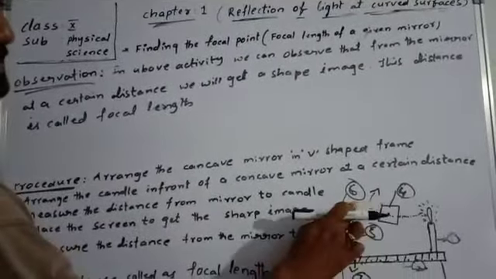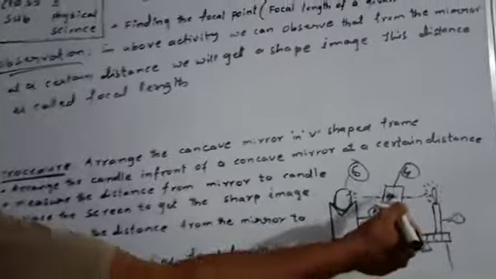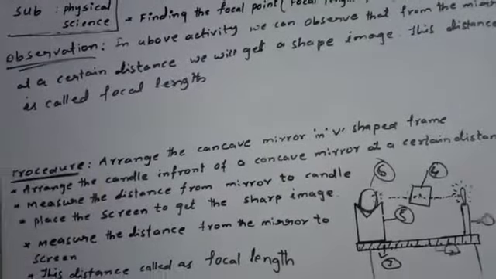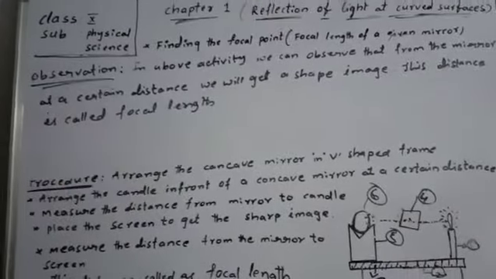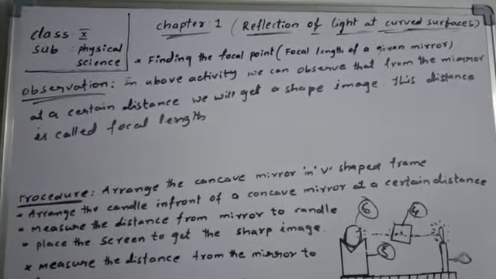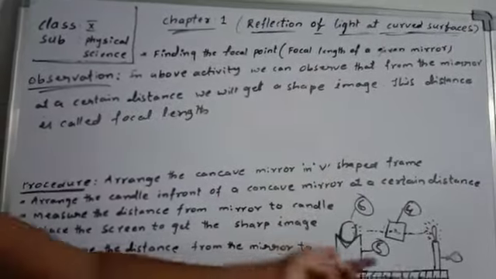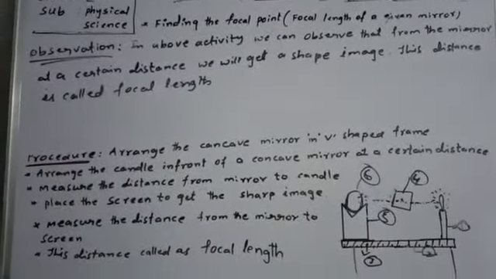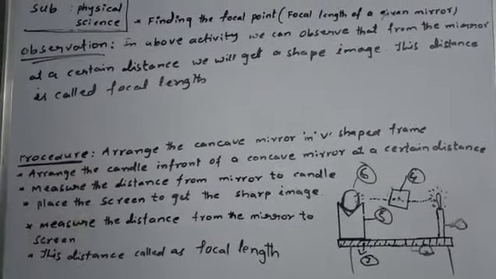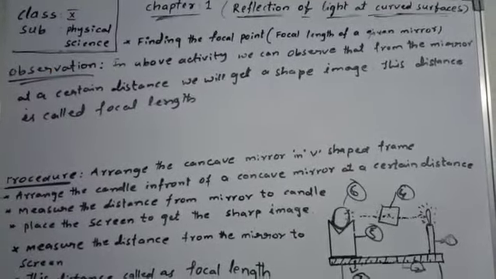You have to remember this distance, from the mirror to the sharp image on the screen. The focal length is very easy. When you understand this activity, it is very important in the exam also.